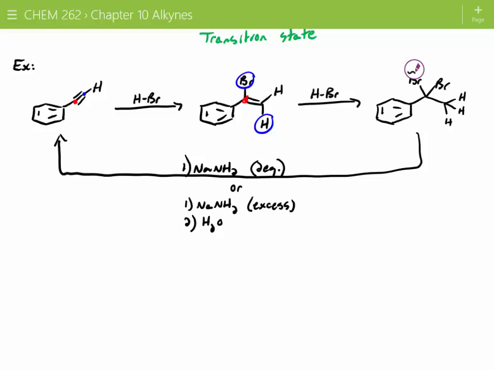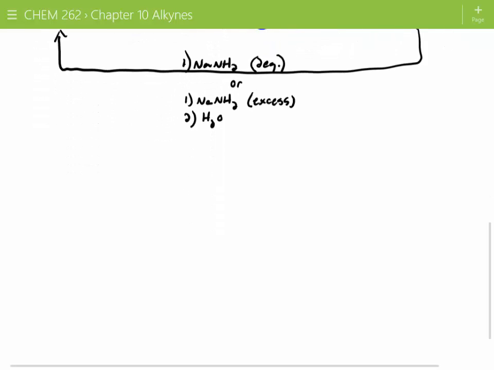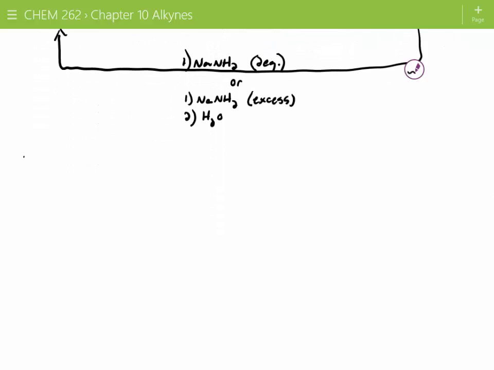I'd be fine with you guys doing either of these. So it behaves pretty similarly to what we saw last chapter with our alkenes. The question is, can we get anti-Markovnikov addition? So let's take a second and think about that. Anti-Markovnikov addition.